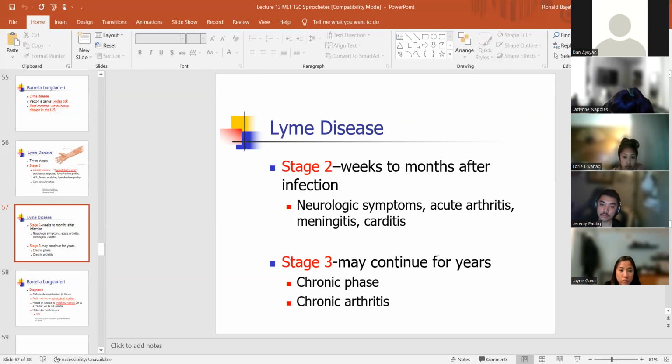This is stage 3 of Lyme disease, and it's the chronic phase where you experience chronic arthritis. So stage 2 is the most significant one clinically because of the neurologic symptoms, arthritis, meningitis, and the carditis, and finally the stage 3 where it's more chronic with the arthritis.